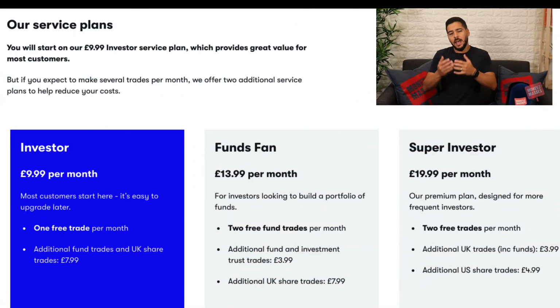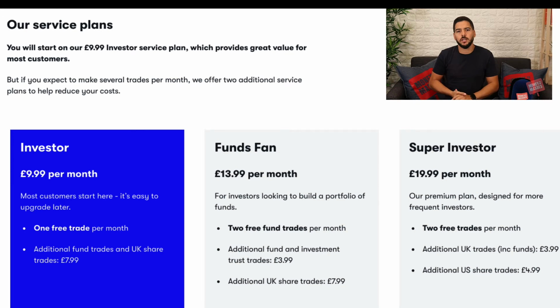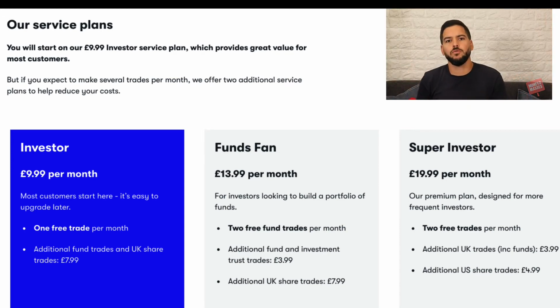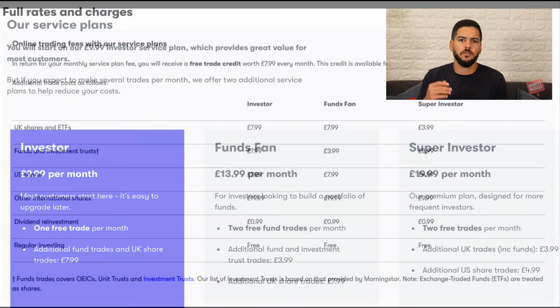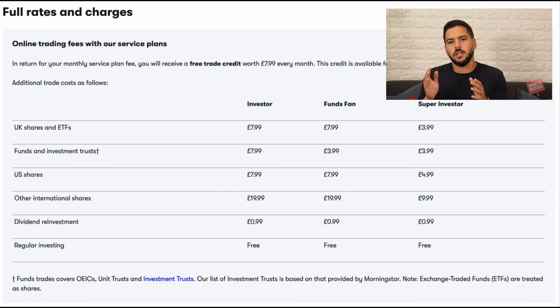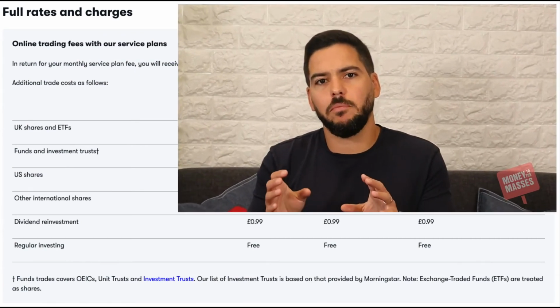Now, this fee can be as little as £9.99 a month, and that would include one free trade as well. But if you want to do additional trades in UK shares, for example, then you will have to pay £7.99 per trade. Now, the exact cost depends on which of the three service plans you choose, but it means that if you have an ISA portfolio or a SIPP portfolio worth over £50,000, then Interactive Investor will be among the cheapest investment platforms out there.